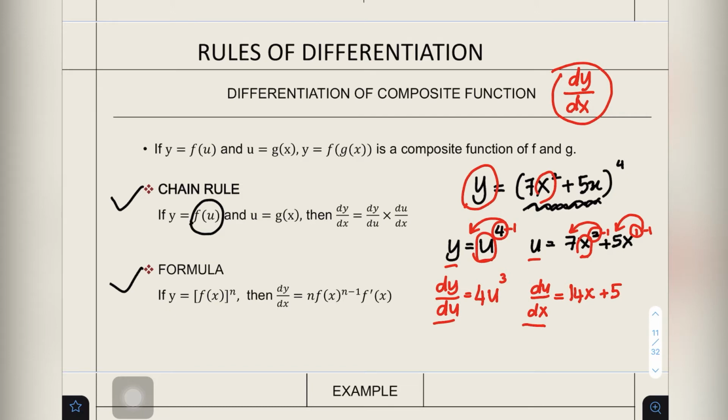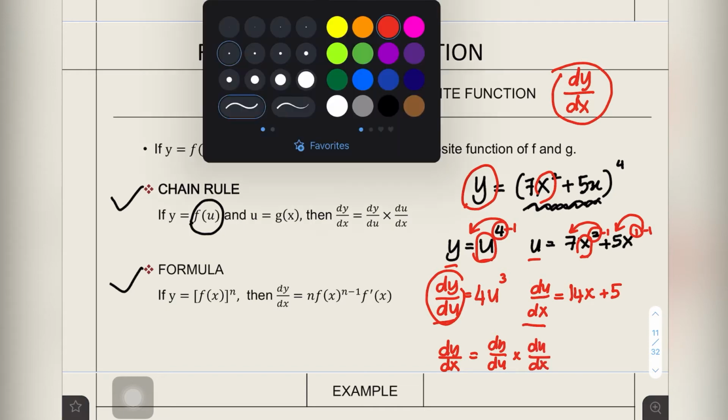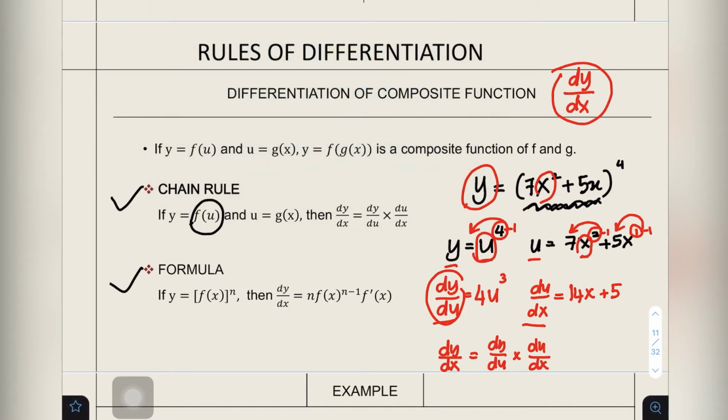So by using chain rule, you can find dy/dx by multiplying your dy/du with du/dx. How? Because when you multiply dy/du and du/dx, you can see the denominator here is equal to the numerator. Therefore, you can cancel out. So what you will get is dy/dx, the one that you want to find.